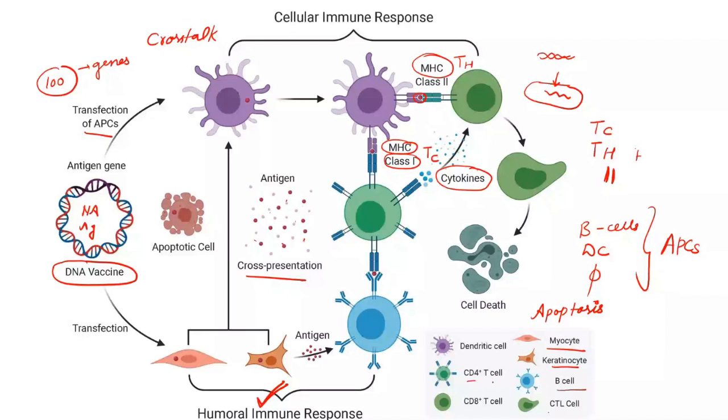So you can say that we have to take a lot of care while doing the transfection of a particular vaccine into the host. It means whenever you are delivering or administering a particular vaccine in a patient, you have to take care that what pathway will be targeted by this vaccine, because we have to take care of this crosstalk.